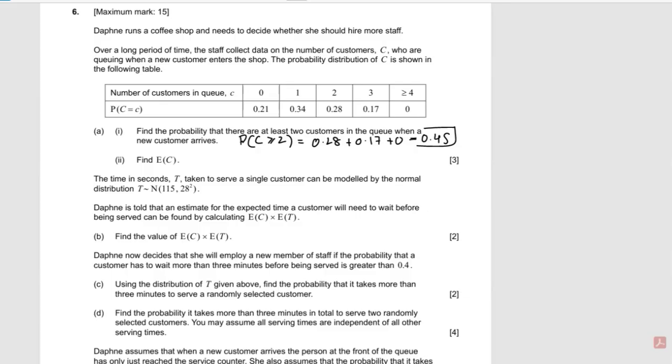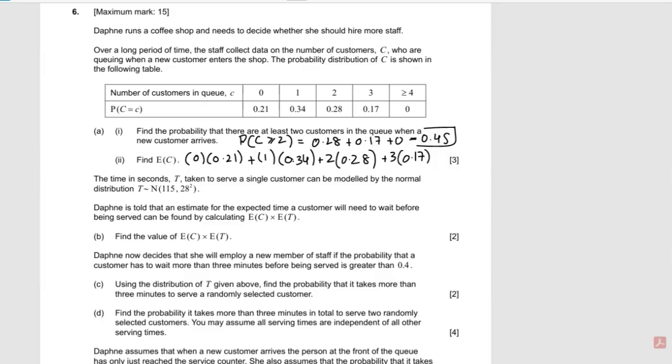Part 2. Find the expected value, expectation. We have a formula in the GDC, you can check that out. So it's number times probability. So we write 0 times 0.21. I'm just doing the steps. For 0 customers, the probability is this. Plus 1 customer, the probability is this. 2 customers, the probability is this. And 3 customers, the probability is this.